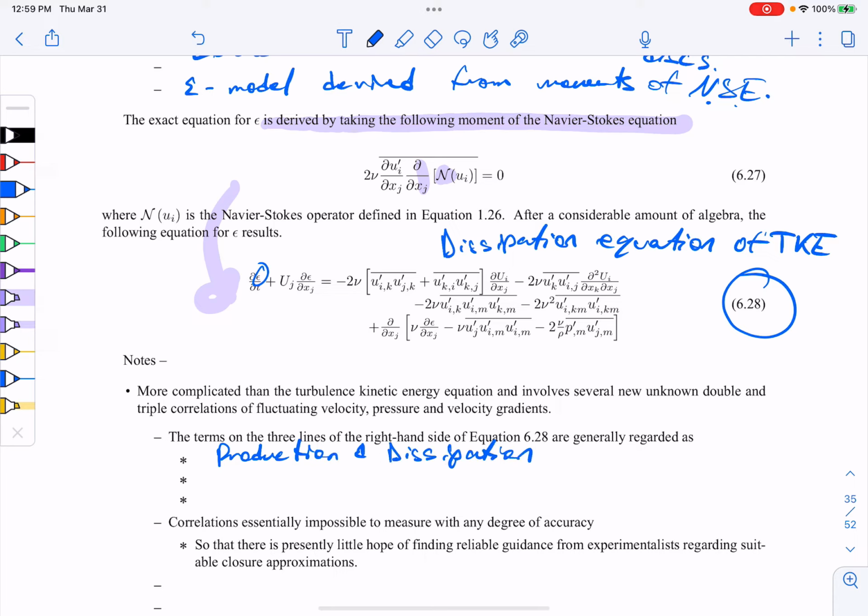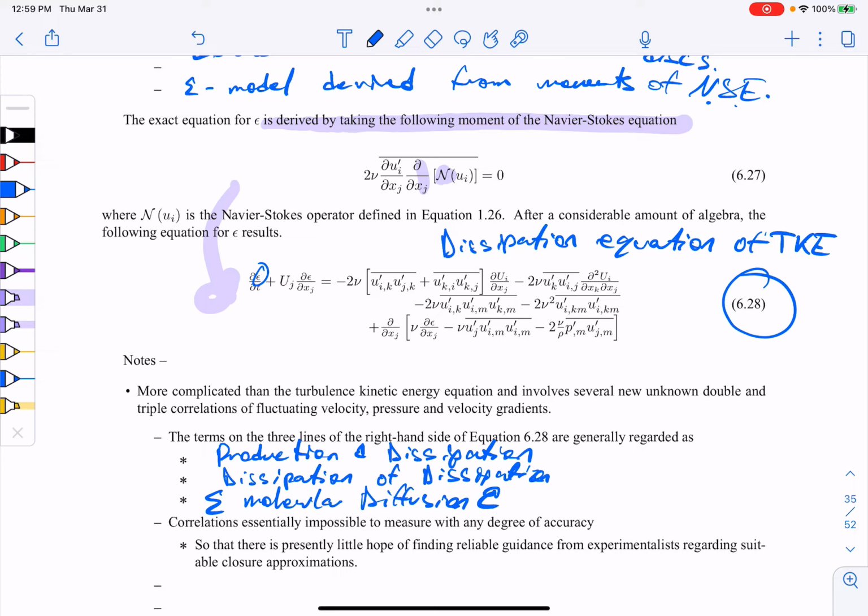There's going to be even a dissipation of dissipation, and a sum of molecular diffusion and turbulent transport of dissipation.